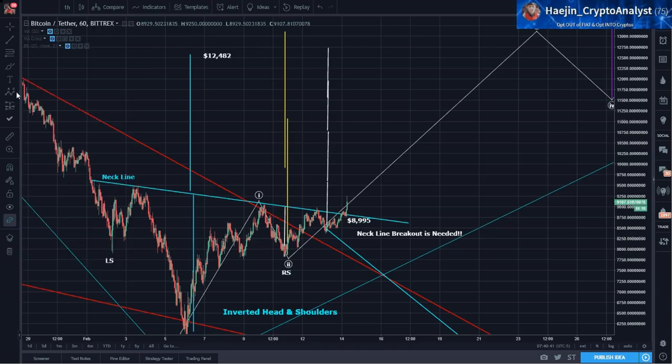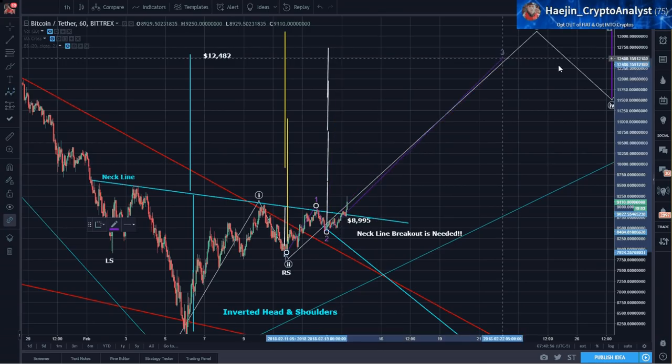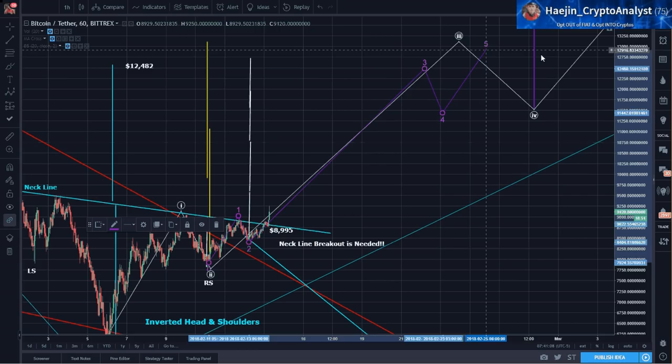So I would label this. I know it's going to get messy now with a lot of labels. 1, 2, 3 will be equivalent to here. 3, down 38%. 4, and since time has elapsed, 5.